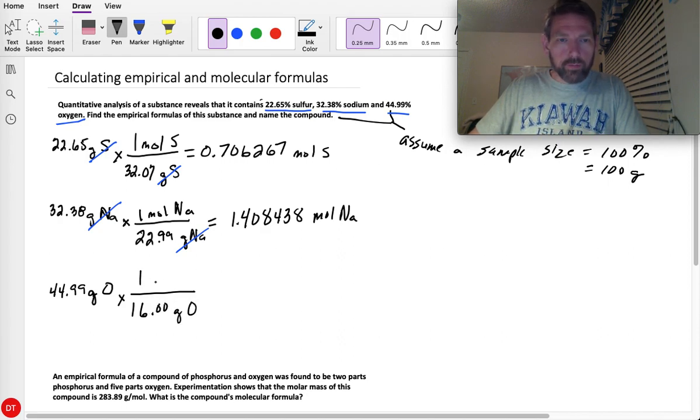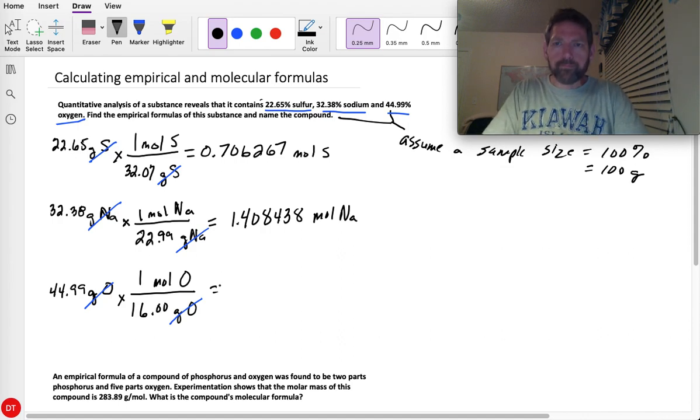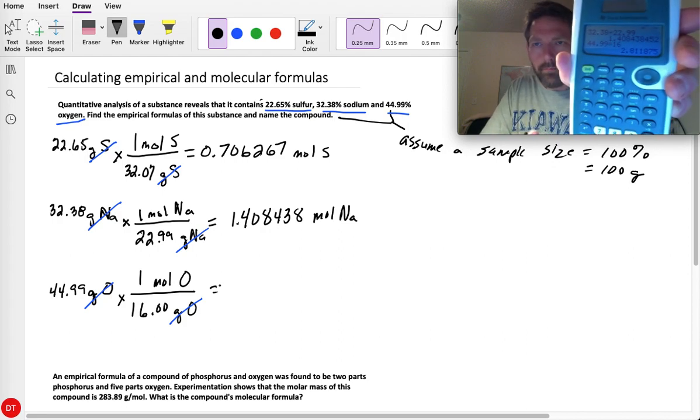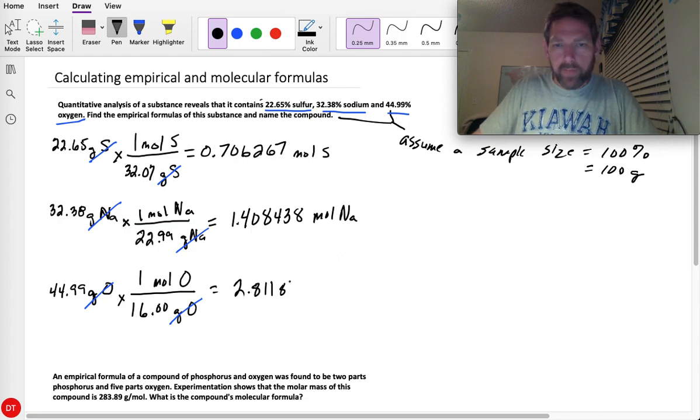Grams of oxygen per 1 mole of oxygen, right? And so now, that unit canceled out. Let's do some math. We've got 44.99 divided by 16. You should get 2.811 and a bunch of numbers, right? So we've got 2.811875, and of course that is moles of oxygen.